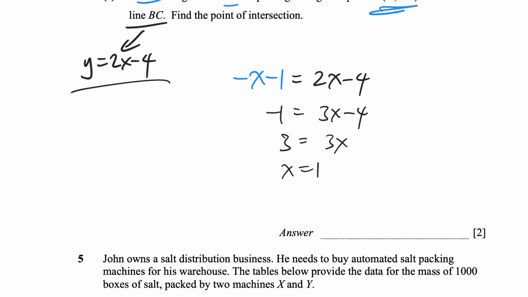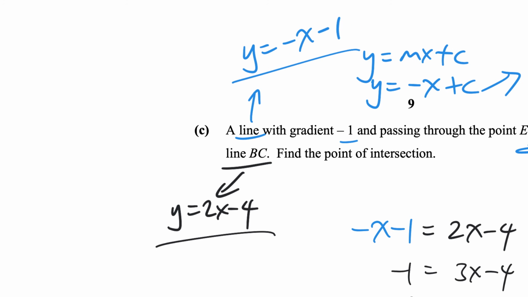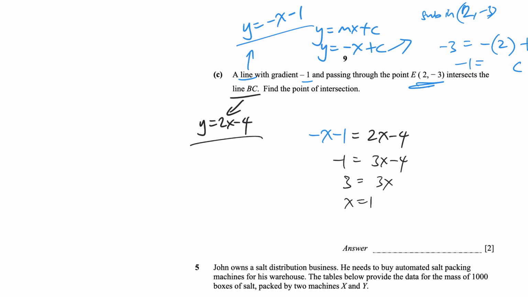When x equals 1, which equation do you use? It's a point of intersection, so it will satisfy both. With x equals 1, you will get the same value for either one. Let me show it to you. With x equals 1, y equals -1 minus 1, which is -2.